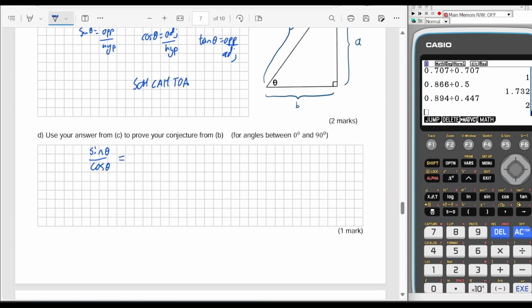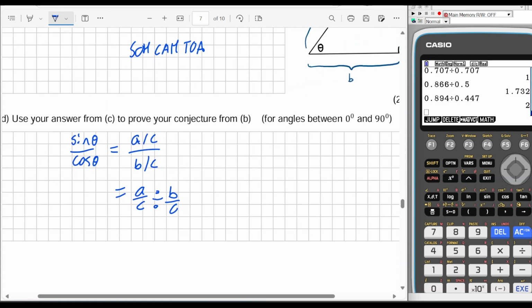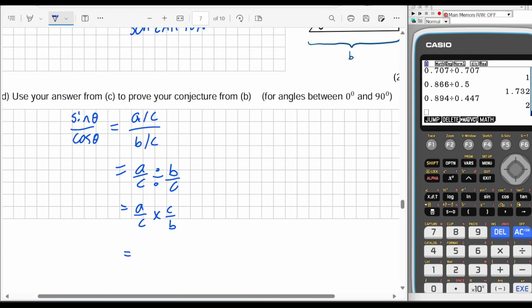And that's going to equal, from here, A over C divided by B over C. So that's A over C on the top, and a big divide sign for B over C. When you're dealing with fractions like that, you can flip them. A over C times C over B. So you change the divide to a times and you flip the last fraction. And that's A over B because the C's cancel.